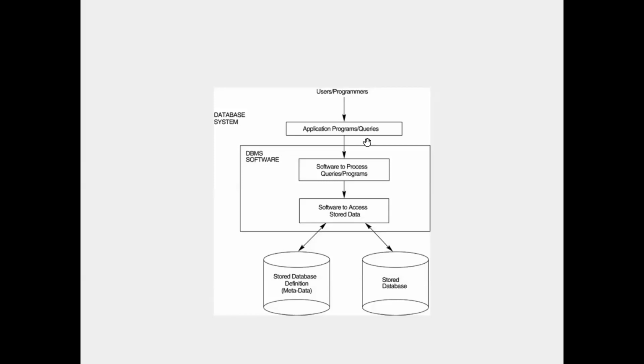Now, to start with, this diagram shows you a simple database environment, which we call a database system. Usually in databases, we store data of two types: your actual database, and also some data about data, which we call metadata.